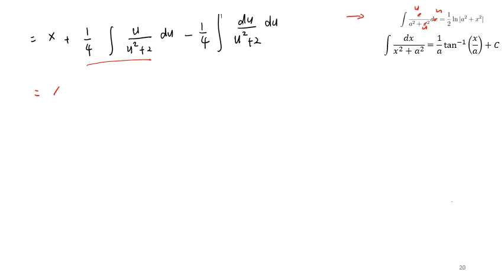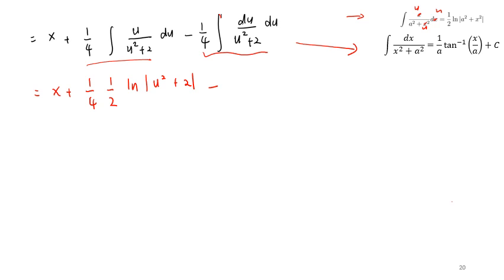Then you have this x plus 1 over 4 times 1 over 2 ln, your a squared here is your 2, and your x squared is your u squared. So you just put u squared plus 2. And then for this part here, you can use this one, which we intend to simplify this term.